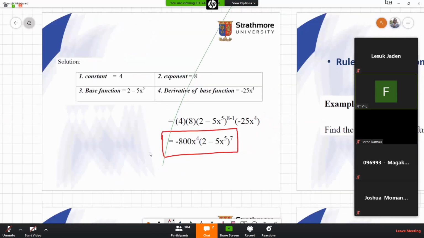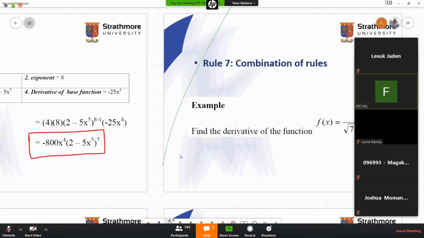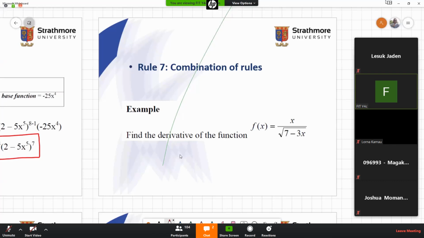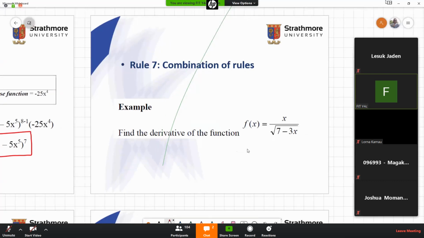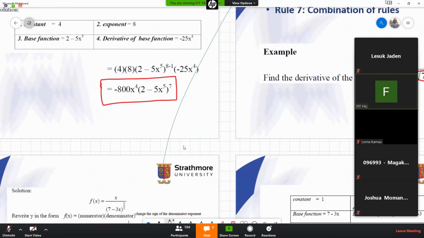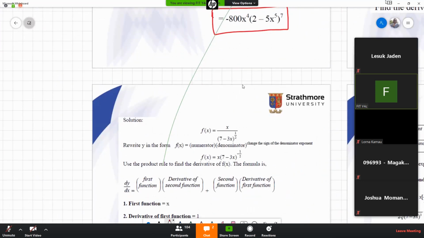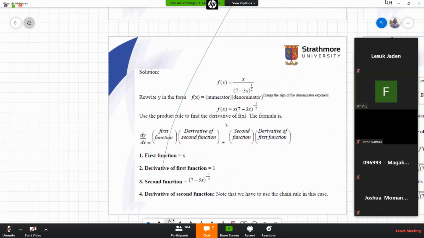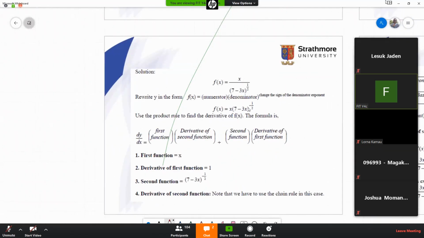So now, finally, you are able now to combine the rules. Okay, so here automatically it's like we will use the quotient rule, from the look of things, because there is a division involved. But now when we are dealing with this bottom side, we have to apply another rule again. So you actually see how we have done this function, okay?